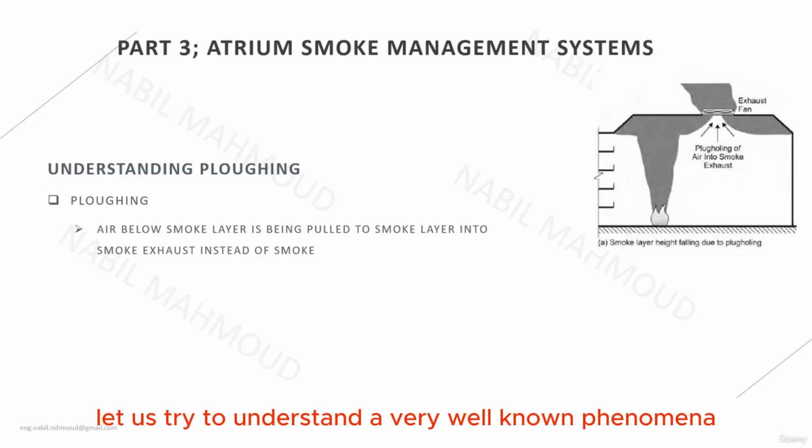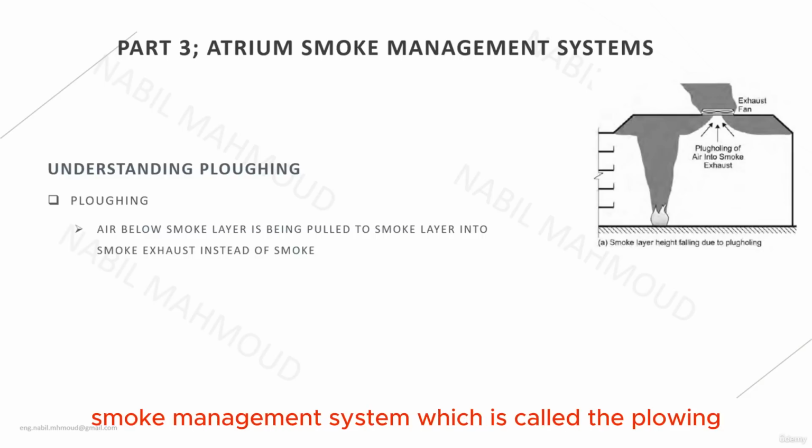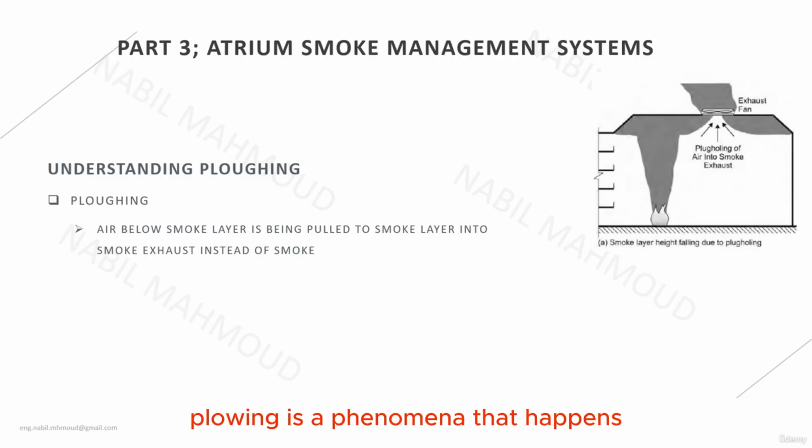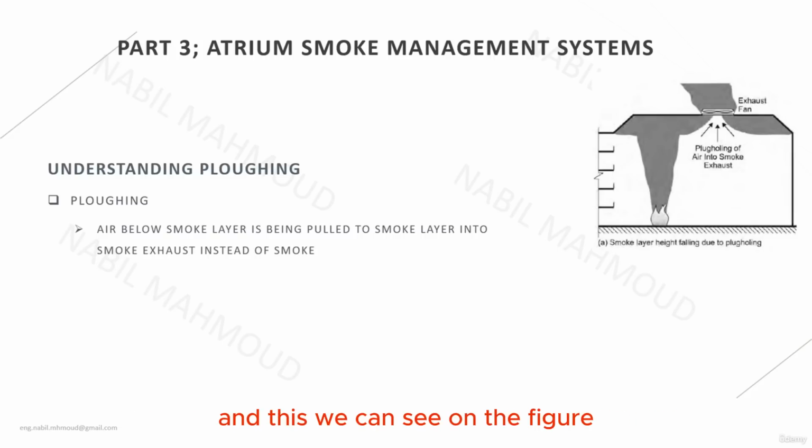Let us try to understand a very well-known phenomenon that adversely affects the performance and efficiency of the atrium smoke management system, which is called plugholing. Plugholing is a phenomenon that happens when the air below the smoke layer is pulled into the smoke exhaust instead of the smoke itself, and this we can see on the figure on the top right side of the screen.